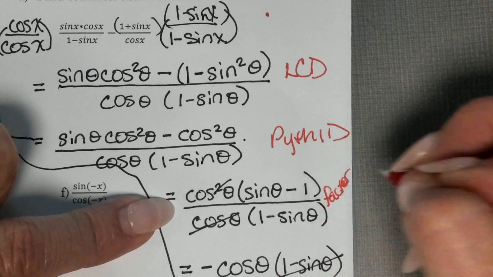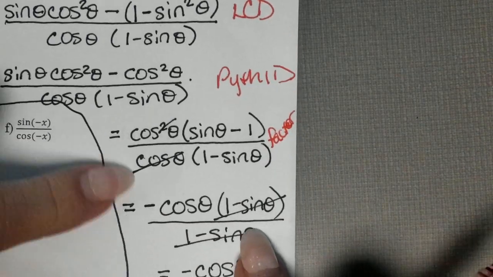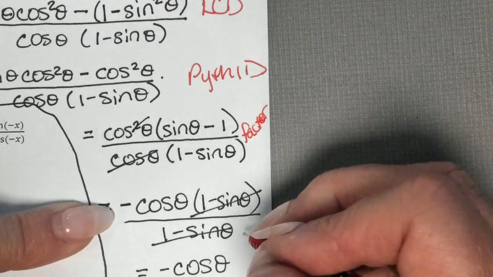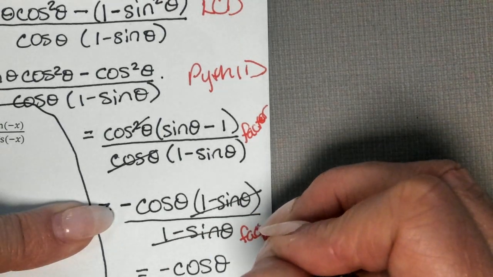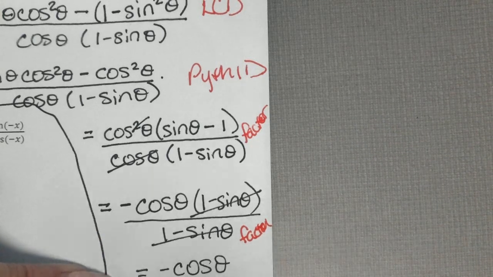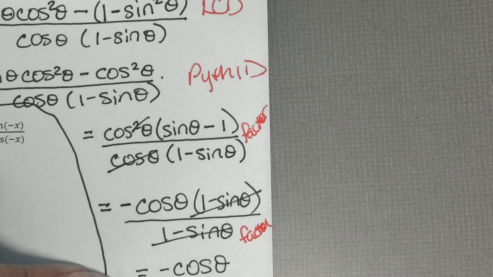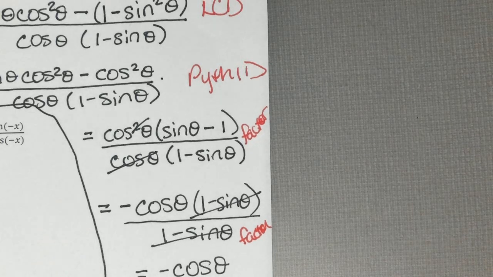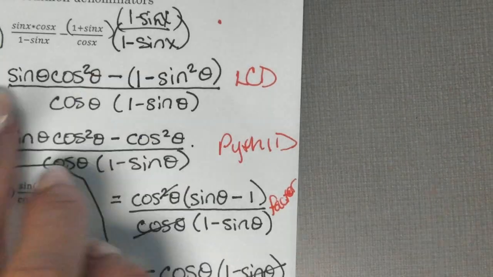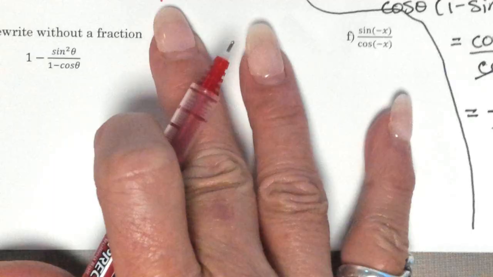Ran out of room there. And then I was able to factor again, or simplify, take out a common factor, and then this is what I was left with. All right. So much more difficult. We'll be practicing some more of those on down the road.